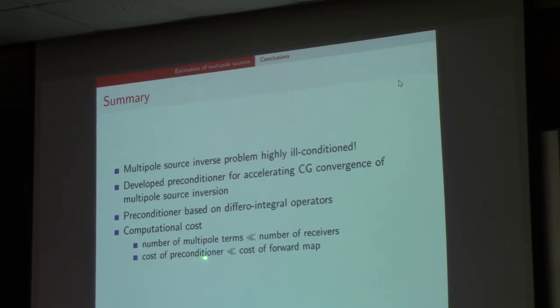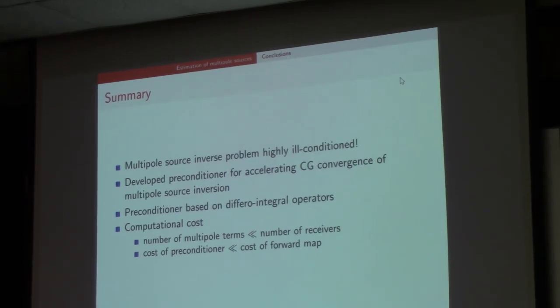And the cost of the preconditioner is actually related to the number of multiples, and therefore multiple terms, and therefore this is going to be much smaller than the cost of the forward map, which is related to the number of receivers in the data. So it's negligible.